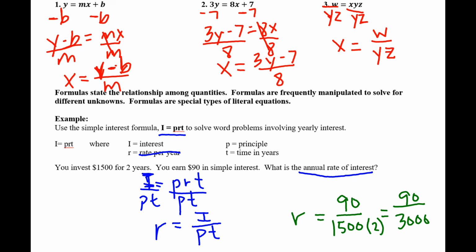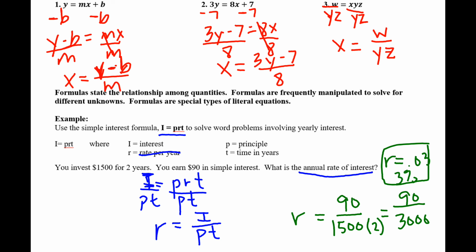Okay, pop up my calculator really quick. 90 divided by 3,000 is 0.03. So 0.03 or 3%. Okay, and so that's how you do that problem.